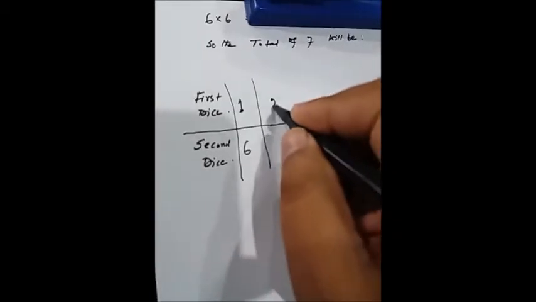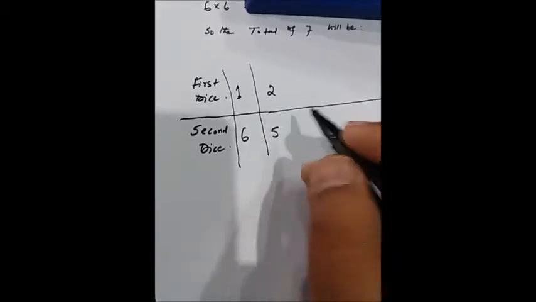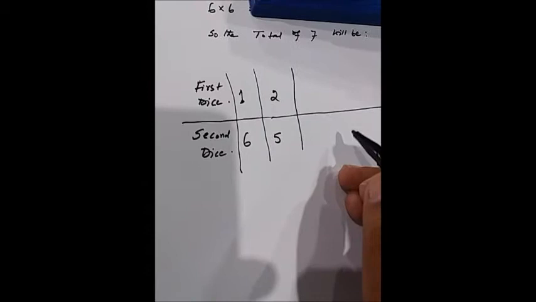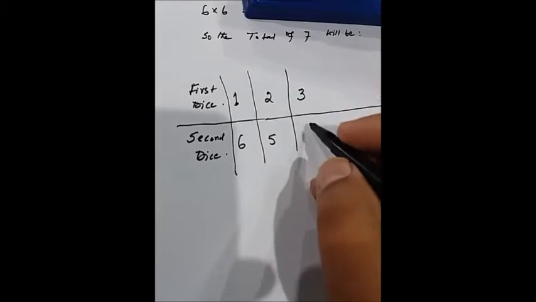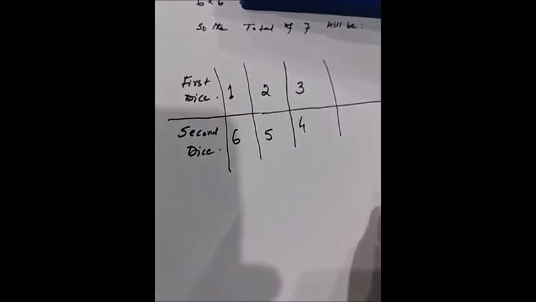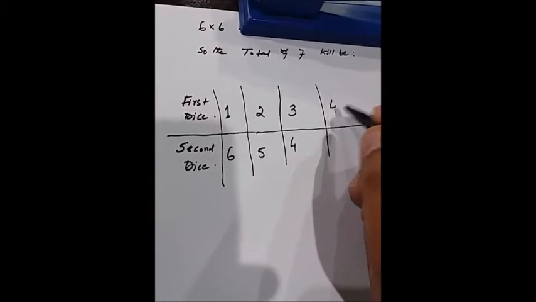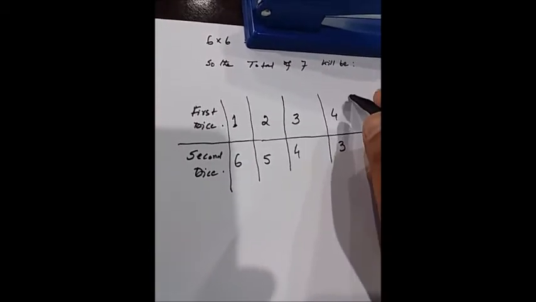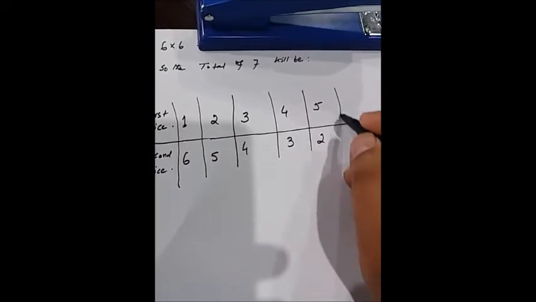Now when the first die rolls 2 and the second die rolls 5, then also we can find the 7. If the first die rolls 3 and the second die rolls 4, we can also find 7. With the same procedure, if the first die rolls 4 and the second die rolls 3, then we can obtain 7. If the first die rolls 5 and the second die rolls 2, then we can obtain 7.